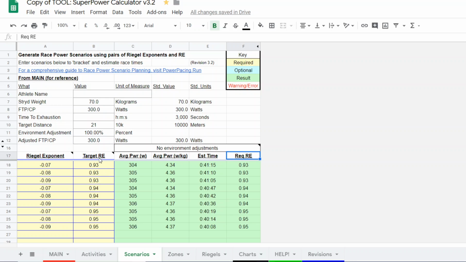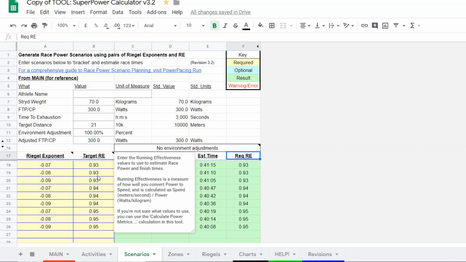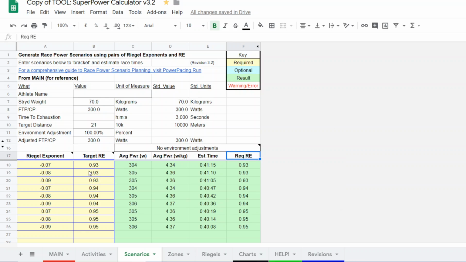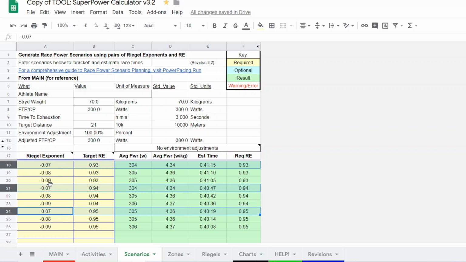Running effectiveness, your selection of running effectiveness is even less of an impact. So you can see here that, let's do this and this and this. For that particular Riegel exponent, when we bracket 3 different running effectiveness, the spread is still only 1 watt. 304, 304, 305.